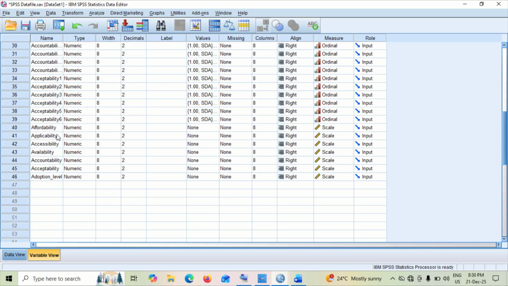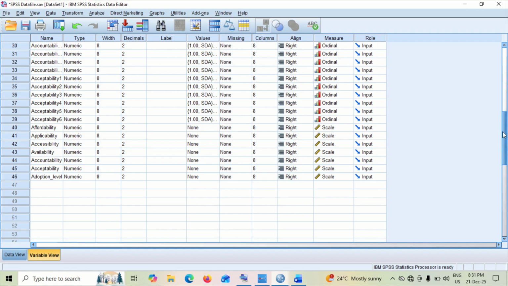These all come under the category of continuous scale variables. Hence, we have to check whether there is any significant difference in the adoption level regarding all the components and overall adoption level between male and female respondents using independent sample t-test, otherwise known as two sample t-test.